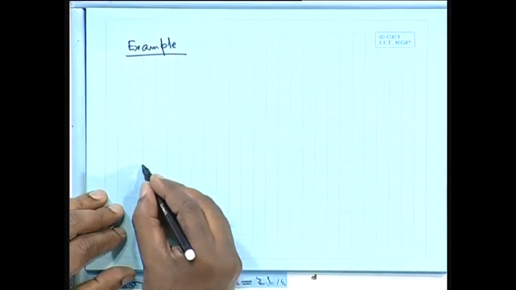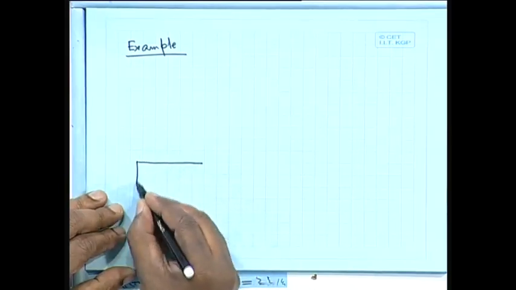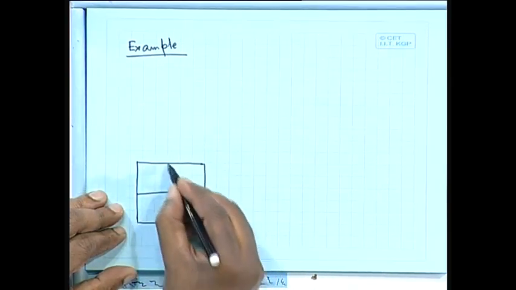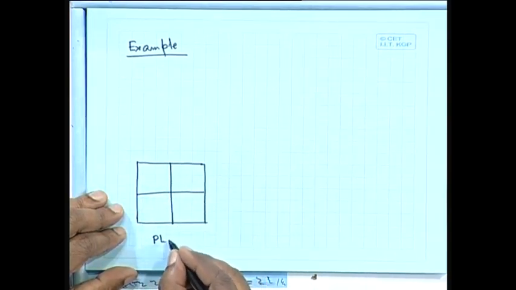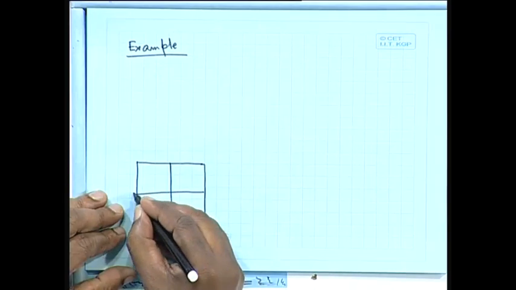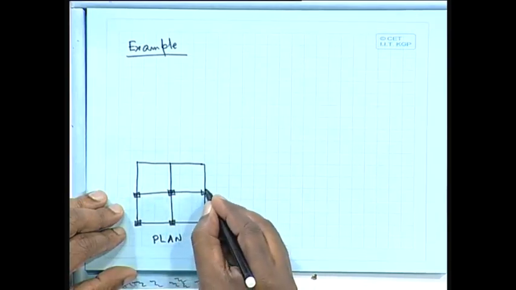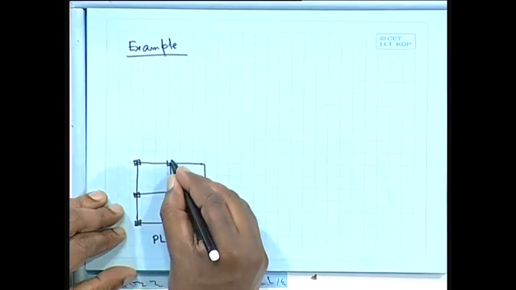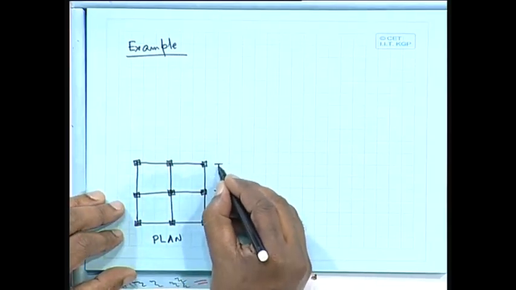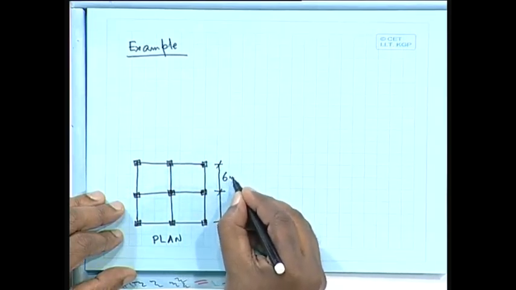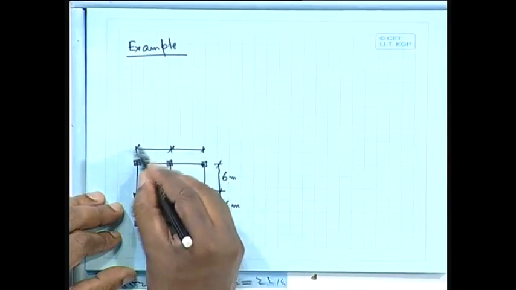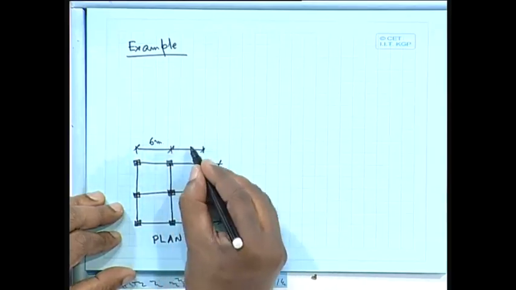Let us take first this plan of a building, just a simple one, and let us take the dimensions as 6 meter, 6 meter on this side, and this is also 6 meter, 6 meter.